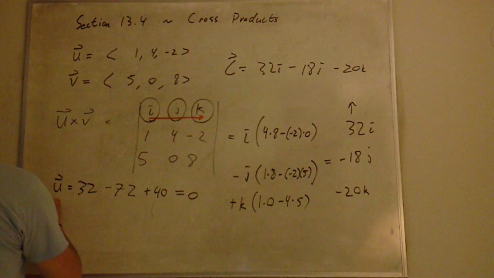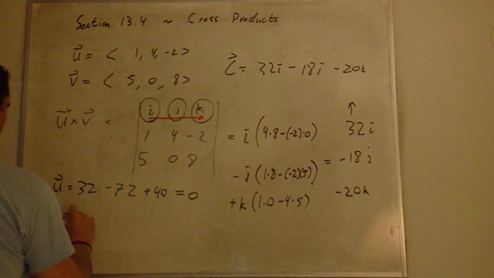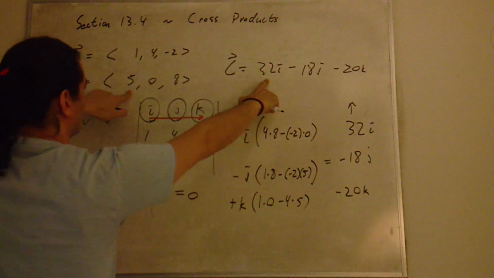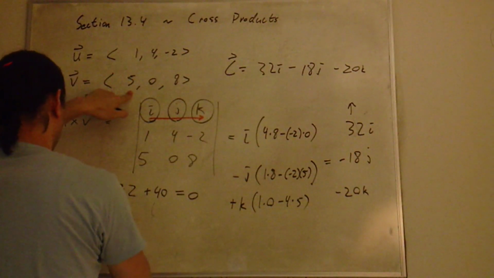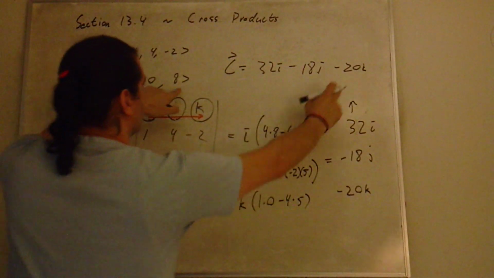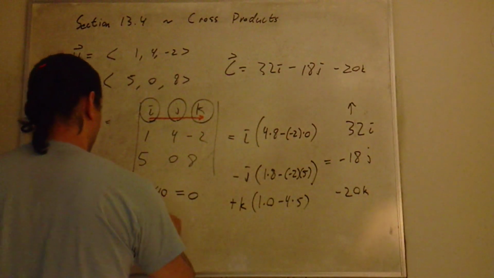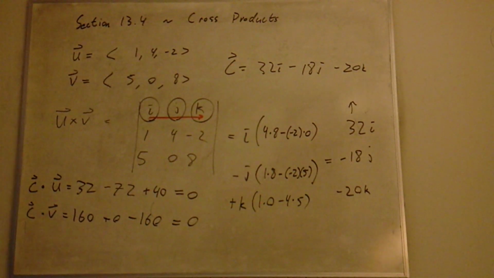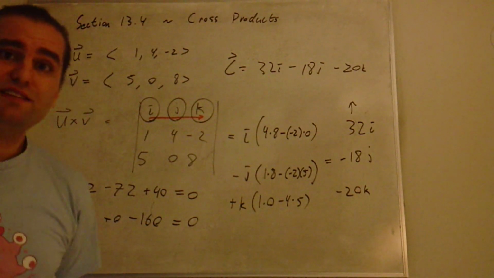Let's see if it's perpendicular to V. C dot V should be 160 plus 0 minus 160. Beautiful, perfect. This is a really easy way to check your answer.